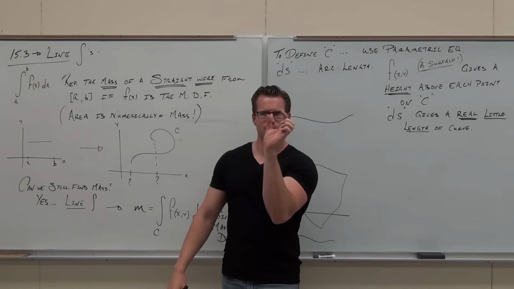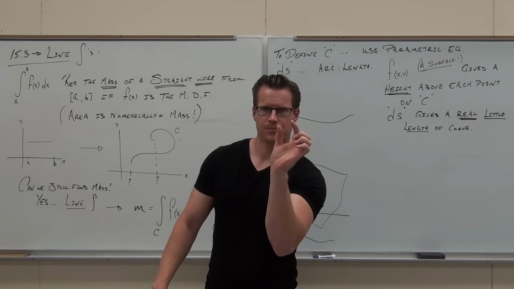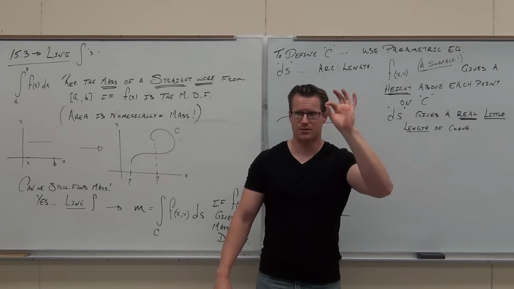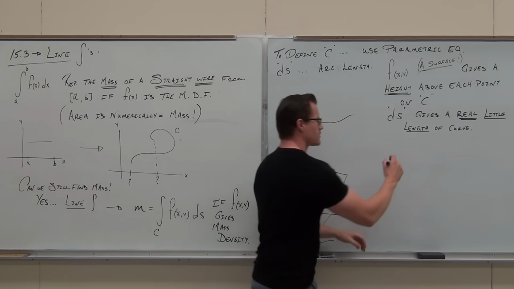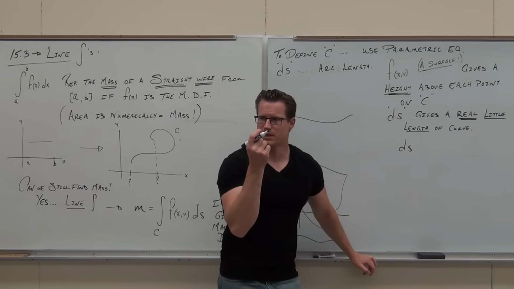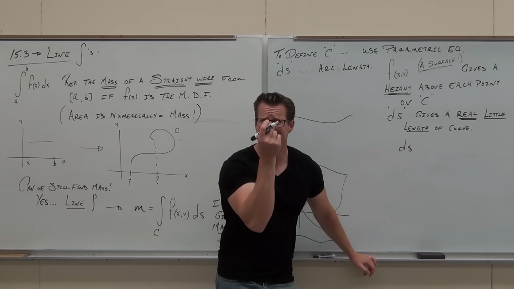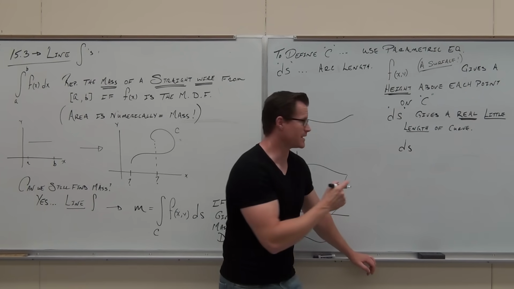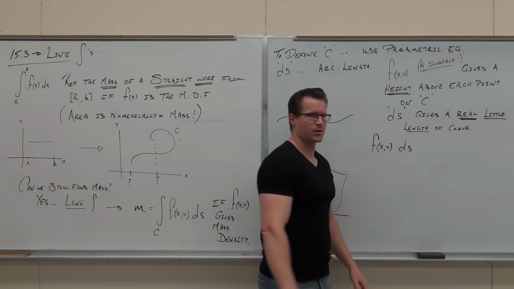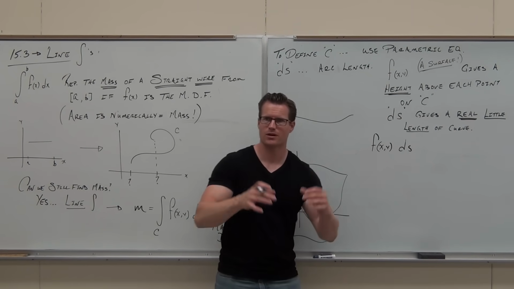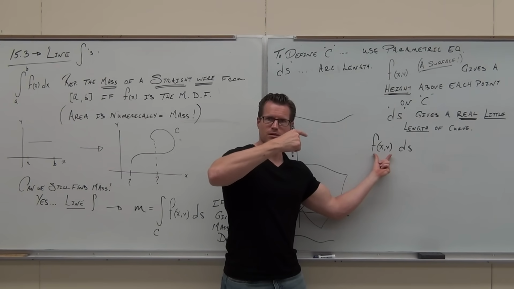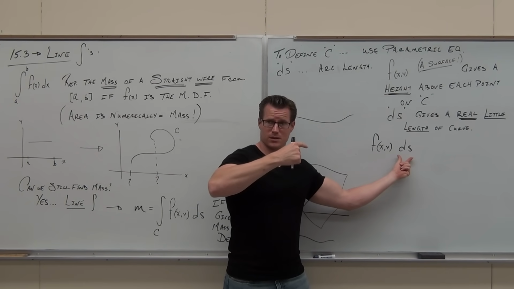If ds gives length, and f of xy gives height, we have the length of the little part of the curve, just this teeny bit right at the point. We have the height above this specific point. What's this give you? Height above the point. What's this give you? A length.